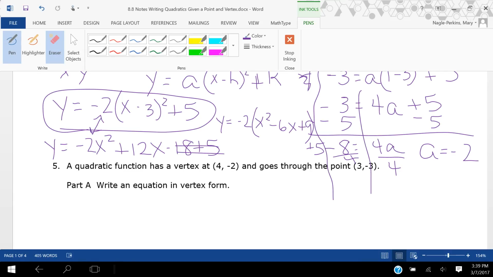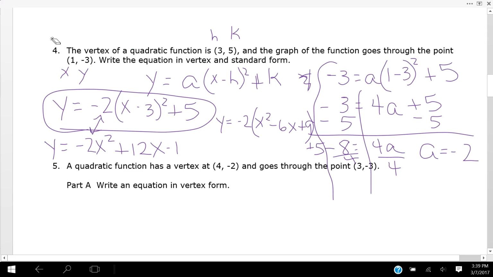So I'm going to go ahead and change that to a 13 because -18 plus 5 is 13. And I'm sticking to it. Okay, so here's my 2 different forms.